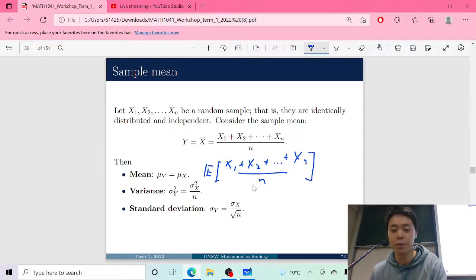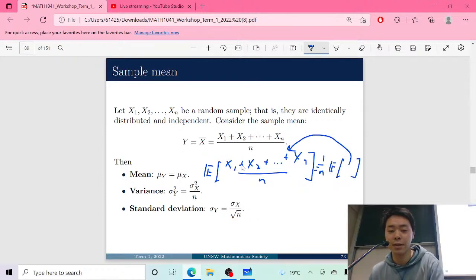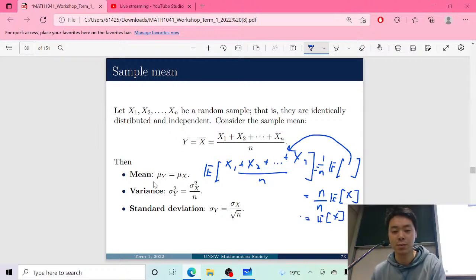Then we can abuse the linearity, so we can bring the 1 over n to the front. So that's going to be 1 over n times the expectation of this part here. And because each of them are identically distributed, what we end up having is n divided by n times the expectation of any one of these, I'll call it X. And so we have the expectation of X. And that's precisely what we have here.